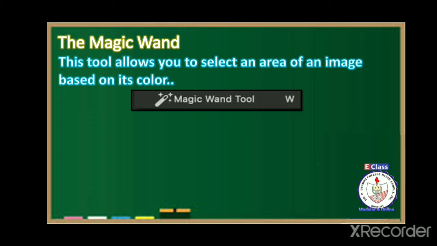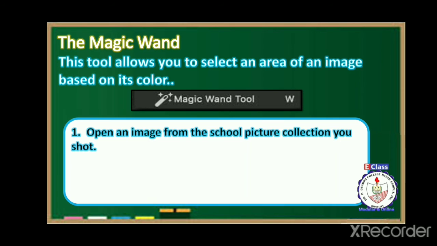Let us try some quick tips for this magic wand tool. You can specify various options to determine the exact selection. You cannot use the magic wand tool on an image in bitmap mode or on a 32 bits per channel image. Let's try this. One, open an image from the school picture collection.